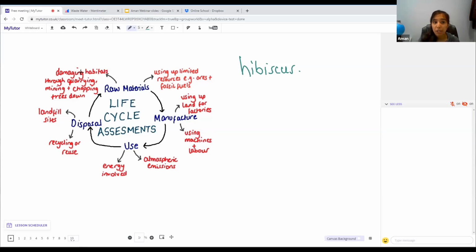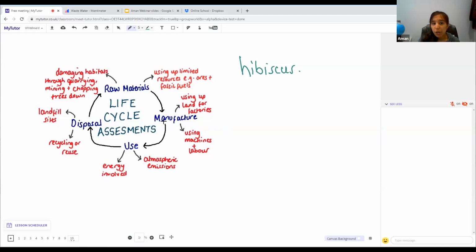So potentially we're damaging habitats, although you could argue that when we replant them again, it'll be fine for the habitats in the areas. So that's what you think about with raw materials. Are we damaging habitats through quarrying, mining and chopping trees down, or are we using up limited resources? So in the instance of our cotton pillowcase, we only really need to think about damaging habitats potentially.